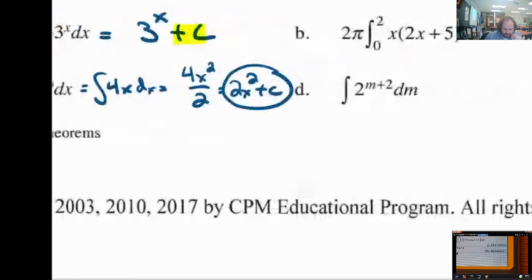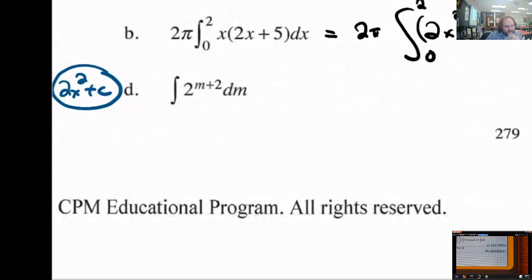And then question D, I don't know if we have a way of doing this. Let's see. Oh, no, we can. We can do this. Let's rewrite it first of all as 2m times 2 squared dm, because we're using that exponent rule, but kind of backwards. If you added the exponents together, you could combine this into 1. But here, we're thinking about it as a multiplier.